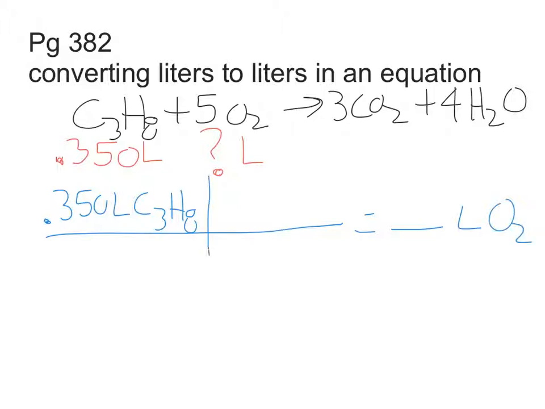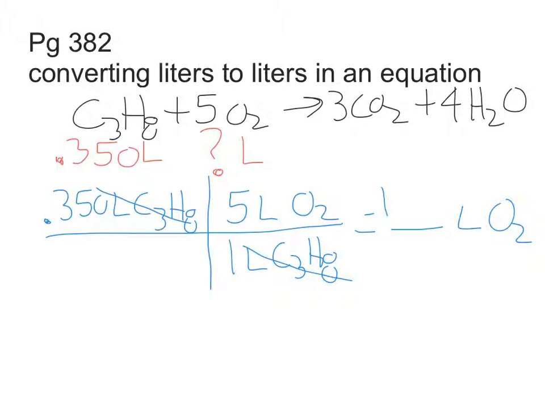And so we need the liter ratio. On top, you always put where you're going, so we need 5 liters O2. And on the bottom, where you came from, we have 1 liter C3H8. And so we will observe that the liters of C3H8 will cancel out. And now we just have to multiply 5 times 0.350. And we end up with 1.75.